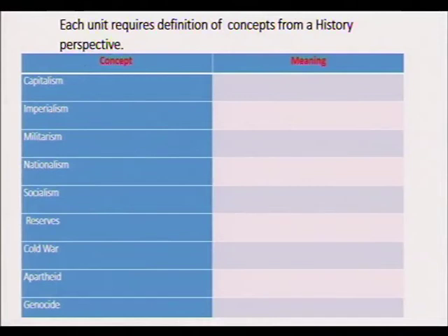Capitalism, imperialism, militarism, nationalism, socialism, Cold War, apartheid, and genocide. You can create a little table for yourself also, as I've explained in the geography section, so that you understand the meaning of these concepts and what they mean.